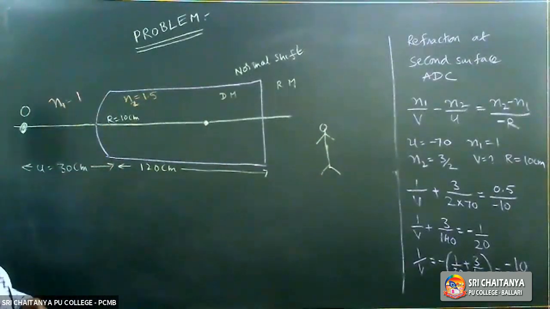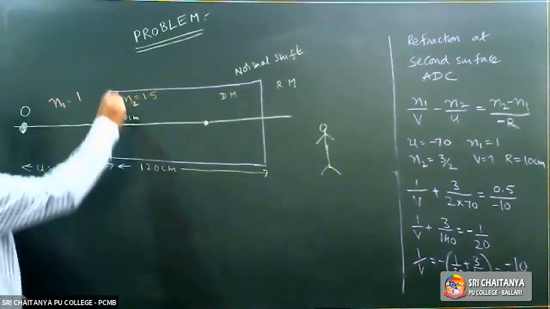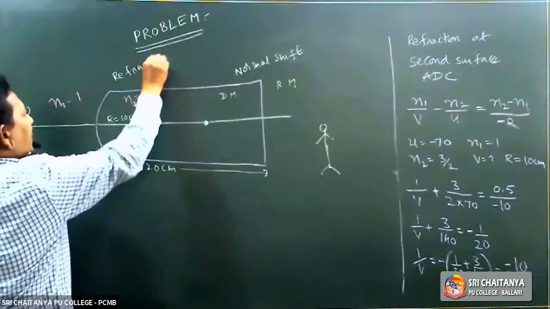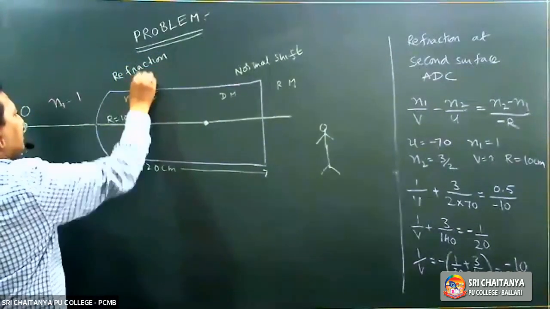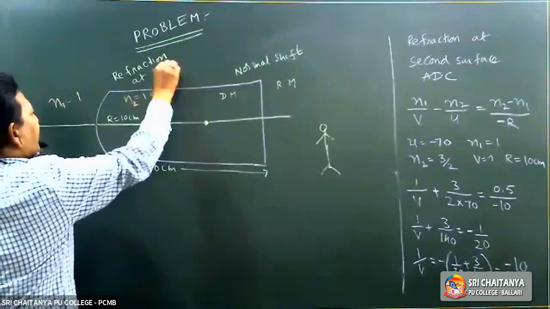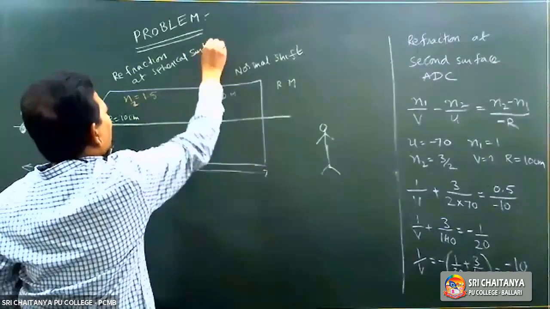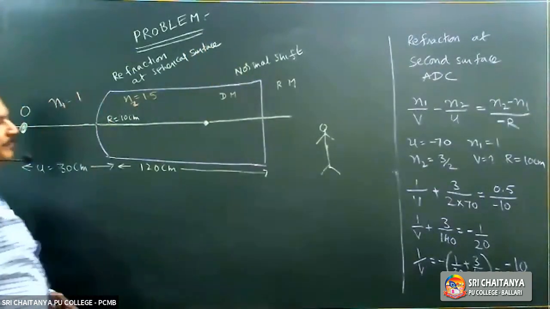So here in this problem, two concepts are included. The refraction at the first surface, refraction at spherical surface. The second one is normal shift.